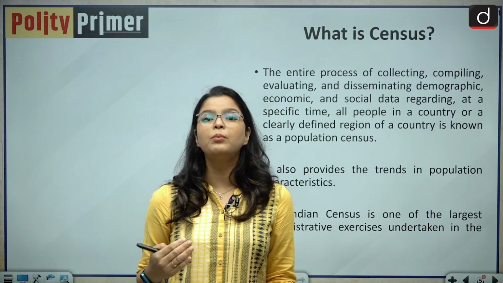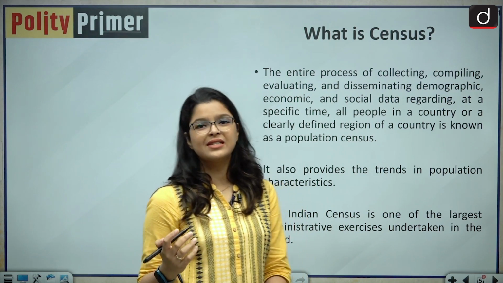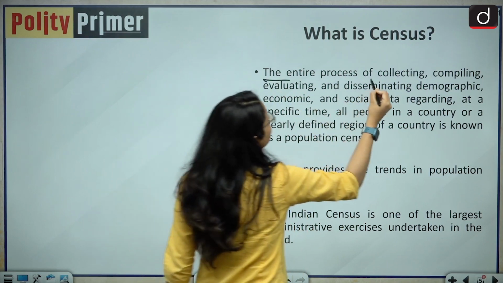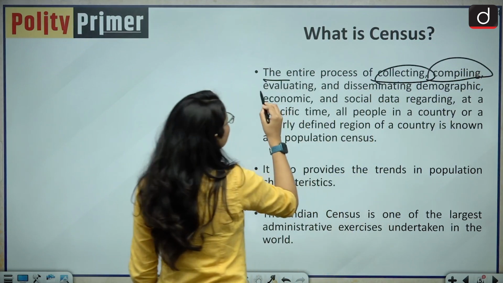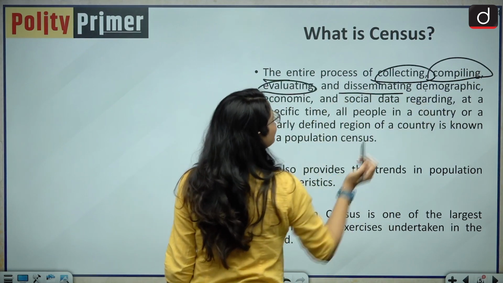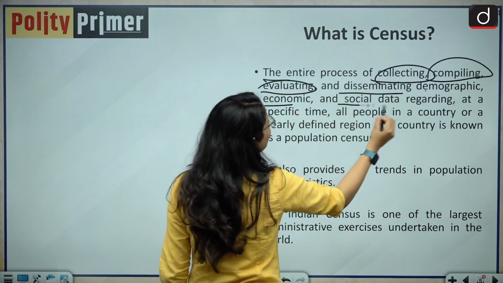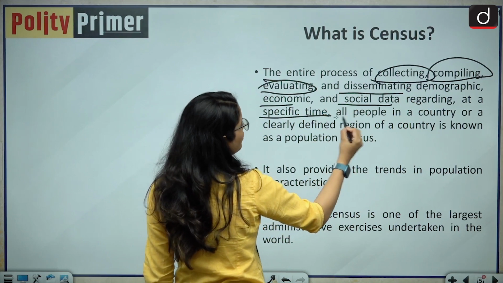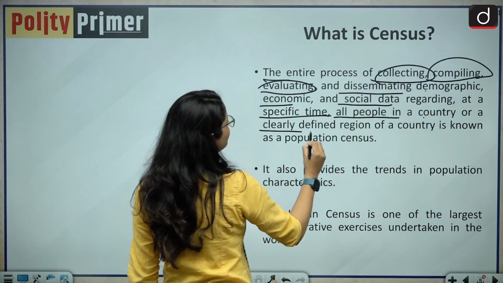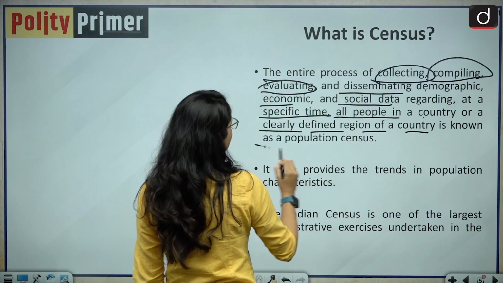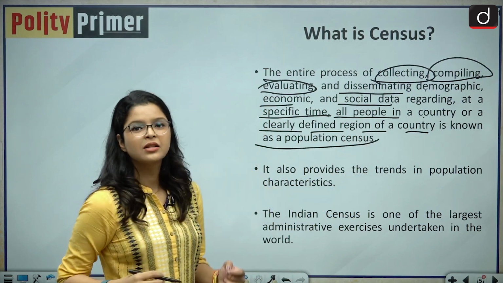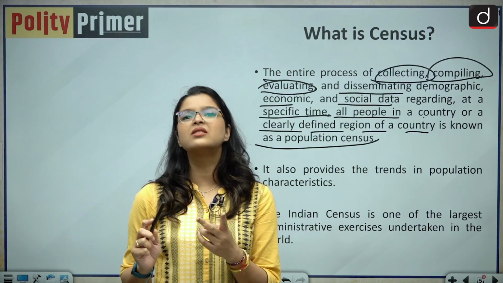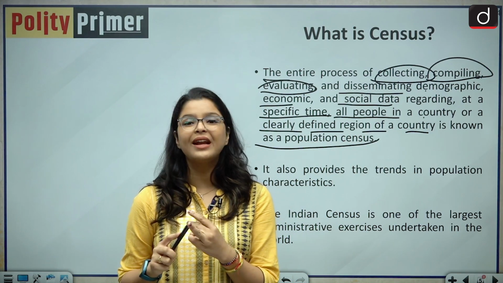And if I talk about a more technical definition of census, the entire process of collecting, compiling, evaluating and disseminating demographic, economic and social data at a specific time, regarding all people in a country or a clearly defined region of a country, is known as a population census. This census is very important because it shows the population trends, the demographic trends, the economic trends as well.